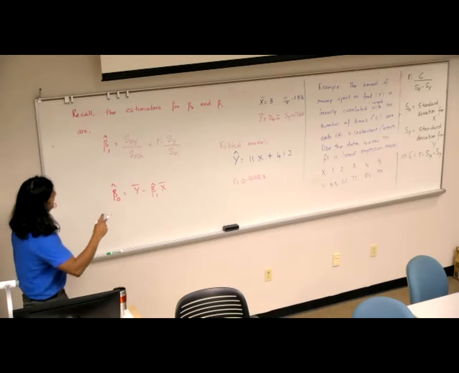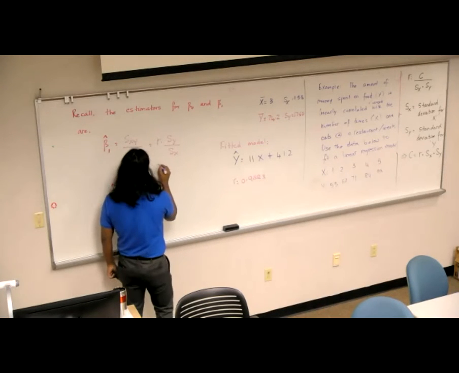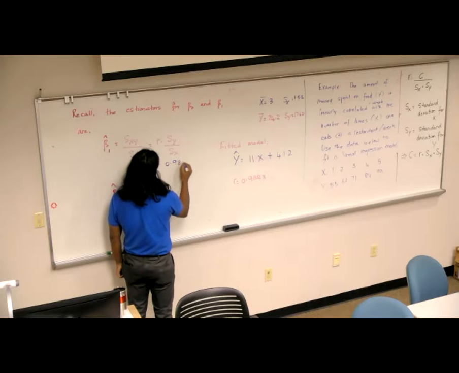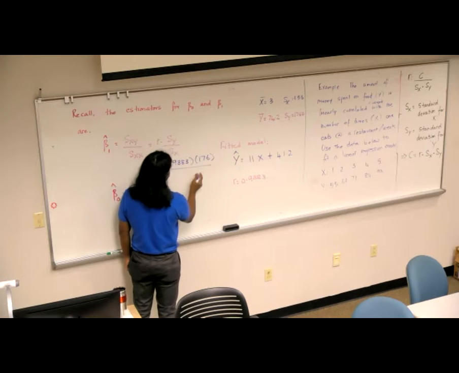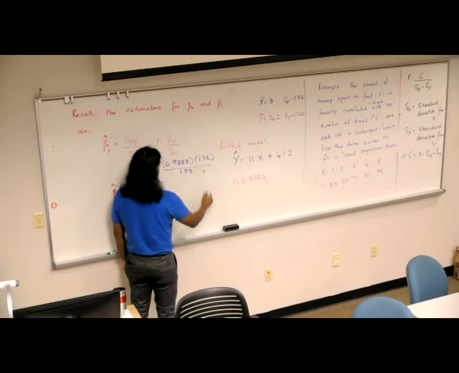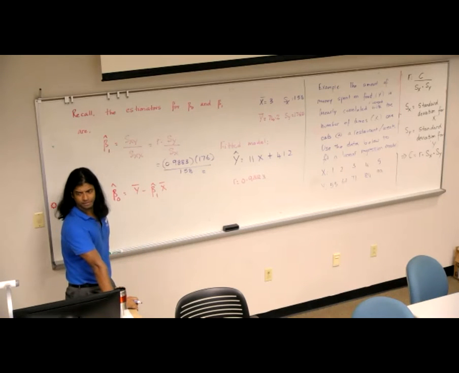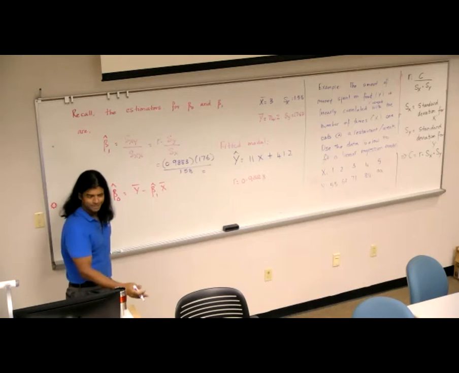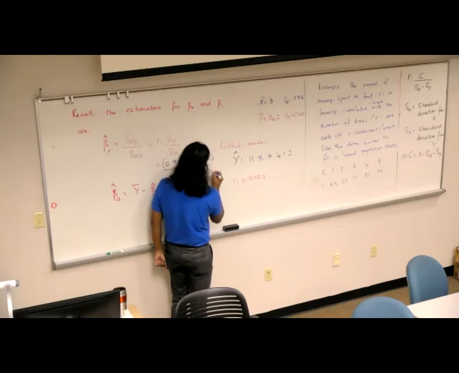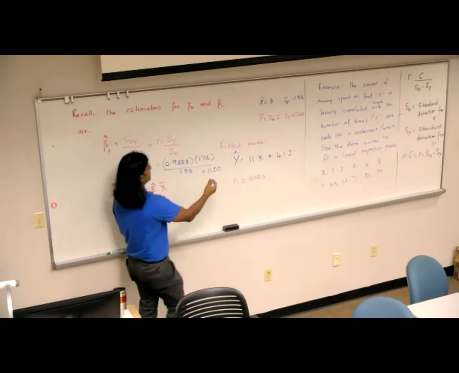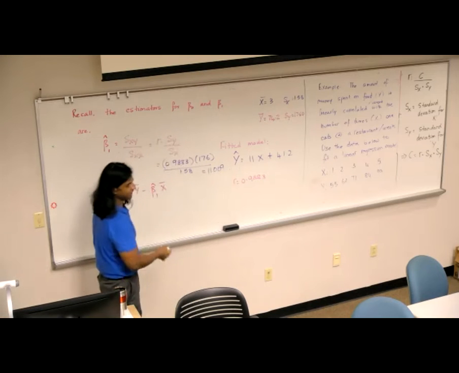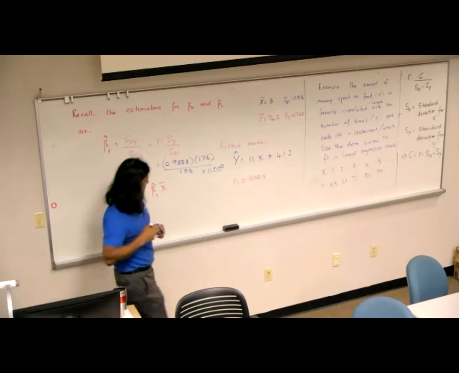So we have the value of R, which is 0.9883, and multiply that by the standard deviation of Y, 17.6, divide by 1.58, and what do we get? 11.00 something. Yep, 11.009, rounded to 2 decimal places, that would be the same as 11.